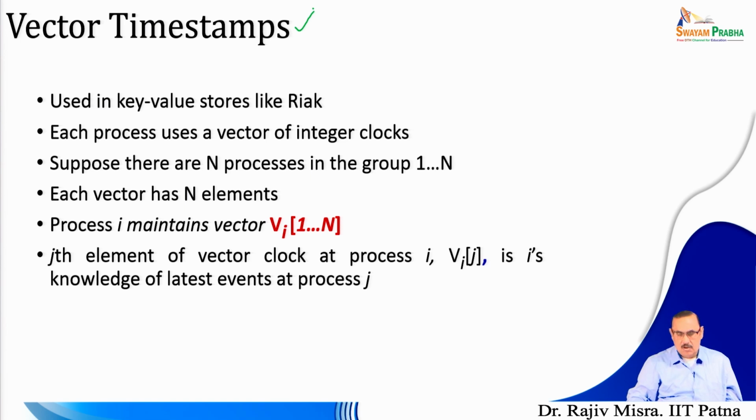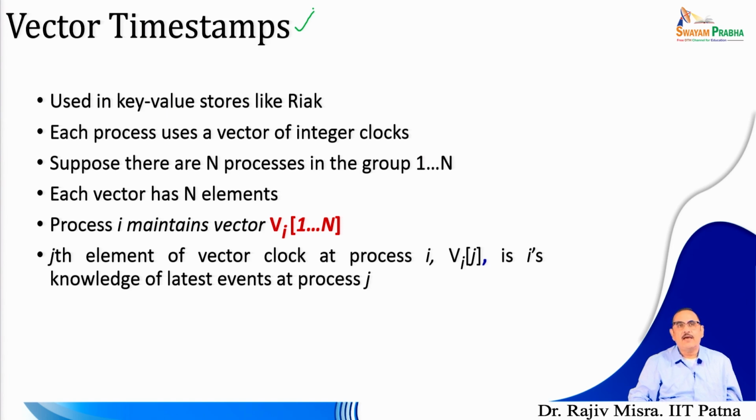Because of the partial ordering, it only considers the partial ordering of the events. How about the other type of stronger logical clock? The other clock is called the vector clock, and that uses the vector timestamp.